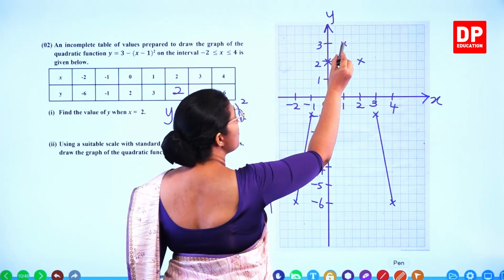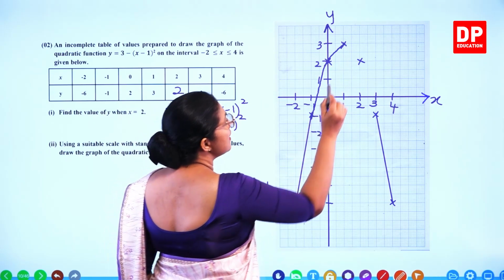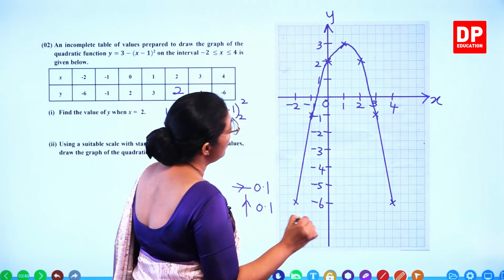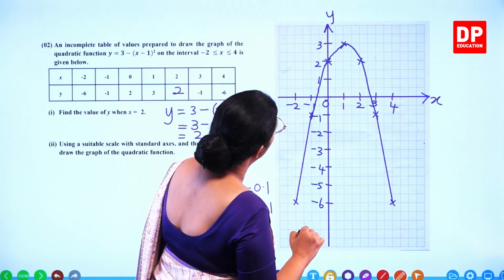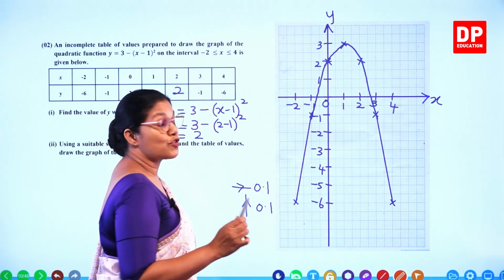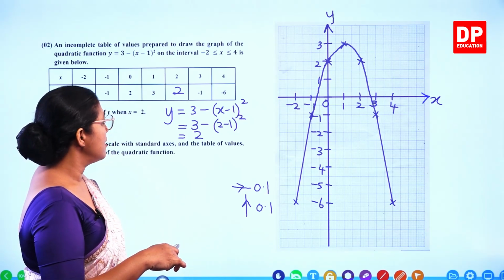Let's start from the vertex point. We can connect like this, and then from here up to here. So this is the graph. You get 1 mark for connecting the points.